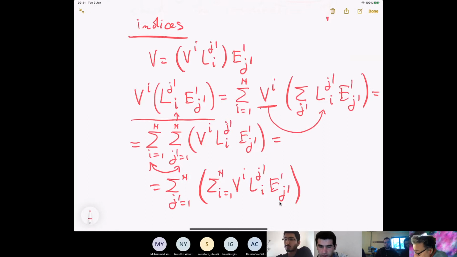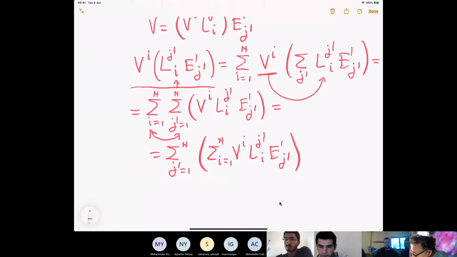Then you can take this out of the summation, because here you are making the sum over i, so there is no index of summation there.